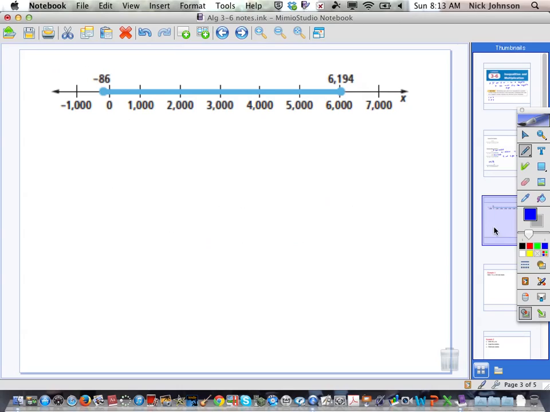We can also have double inequalities, which means our x value could have a lower boundary and an upper boundary. So we start with our x, okay? Our x needs to be greater than a negative 86.